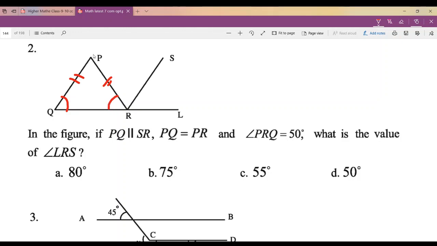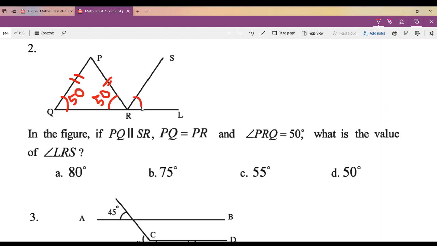That means base angles of an isosceles triangle are equal. Given PRQ is equal to 50 degrees, so obviously this is also equal to 50 degrees because base angles of an isosceles triangle are equal. What is the value of LRS?